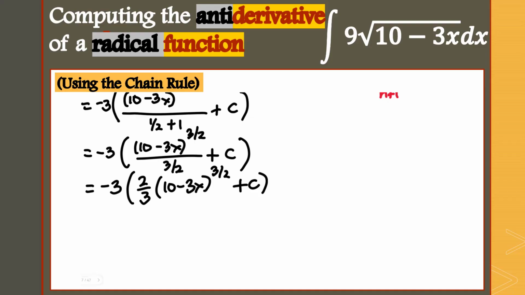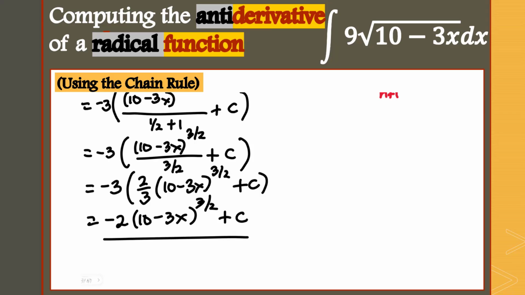Let's distribute the negative 3 outside. So this is negative 6 over 3, or simply negative 2 as we cancel that, times 10 minus 3x to the power of 3 halves plus, or sorry, you will have minus 3c. But since c is any arbitrary constant, it's okay to stick with plus c.